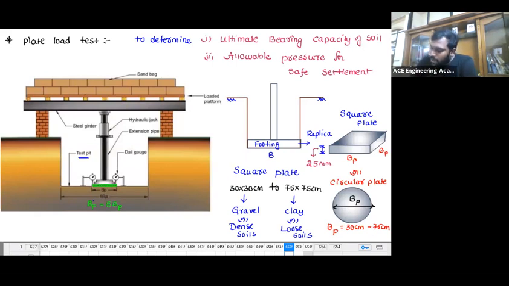If the water table is located at the place of the plate or above the plate, you listen. If the water table is located at the place of the plate or above the place of the plate, you have to lower down the water table by using pumping techniques.